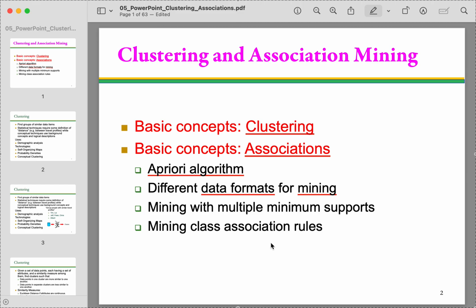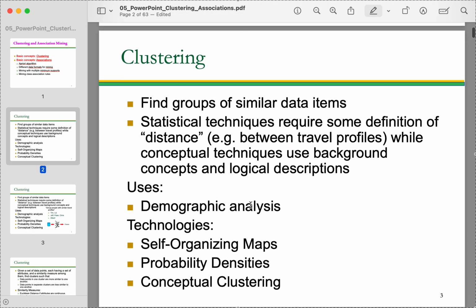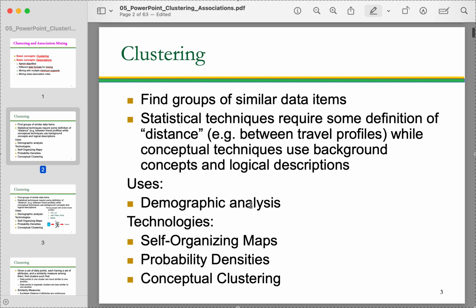So we will discuss certain post-processing tools such as support and confidence that can be used to sift or filter through the accomplished results in order to present the user with the most interesting, useful and actionable knowledge that is discovered from the data. So let's start with clustering.